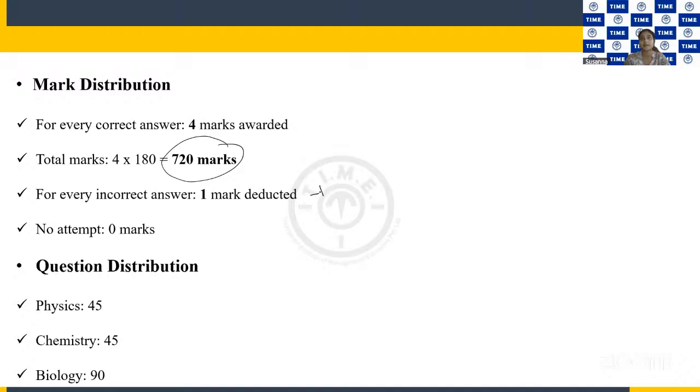So we should be careful about the NEET exam in that aspect: we have negative marking. We should only respond if we are clear about the question. If you don't attempt, no problem, no marks, that's all. But you should never take a risk, as guesswork cannot be done for this exam.